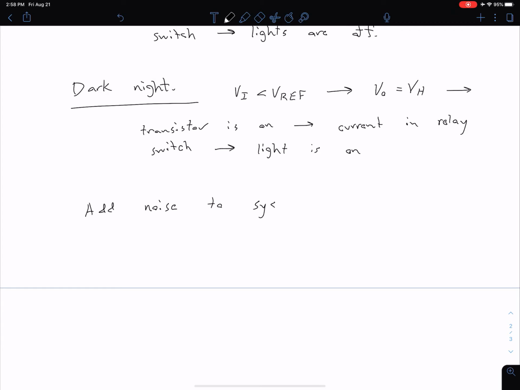It could represent maybe there's some slight cloud coverage. Maybe it's covering the photosensor at a certain time. Maybe there's a tree that's moving in and out. Maybe a bird has built its nest on top. So various things that could be happening. And these things are going to be particularly troublesome, we'll see, around our transition points, which if we're talking about day and night, would of course be dusk and dawn.